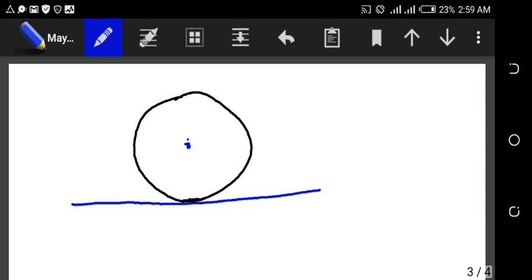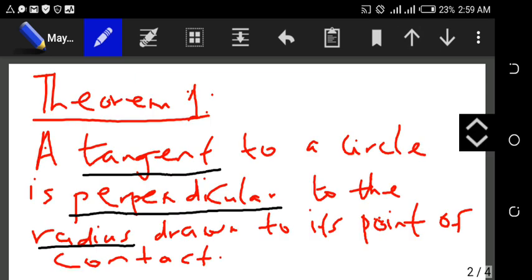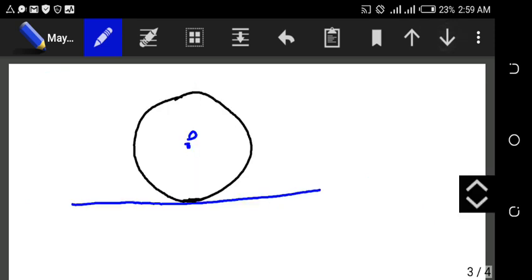If the circle has a center at O here, the radius is any line drawn from the center to any point on the circumference of the circle. But in this case, the theorem states that a tangent to a circle is perpendicular to the radius drawn to its point of contact. So from here, the center will draw a radius down to the point of contact.